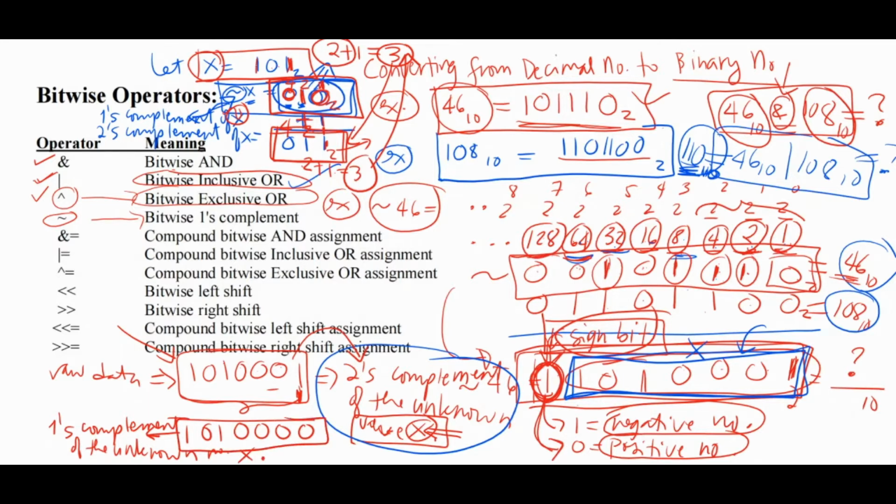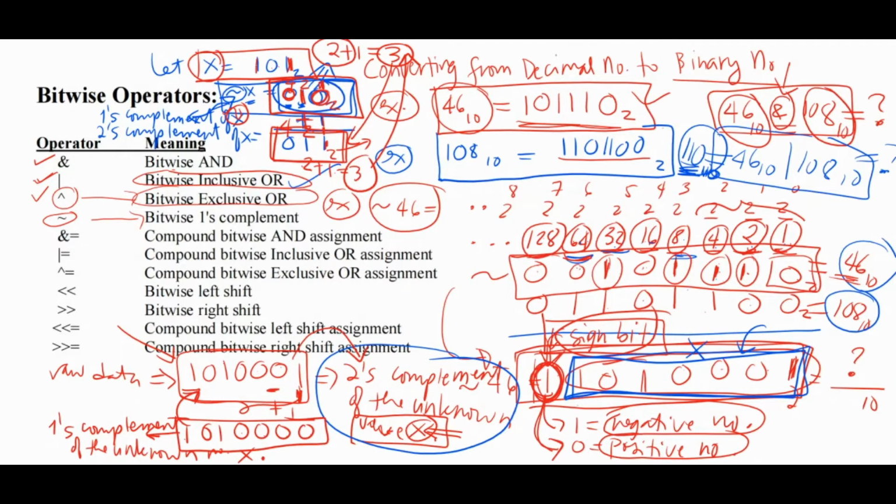When you add 1 to it, you will get this 2's complement. So from the 2's complement, to get the 1's complement, you have to subtract 1.